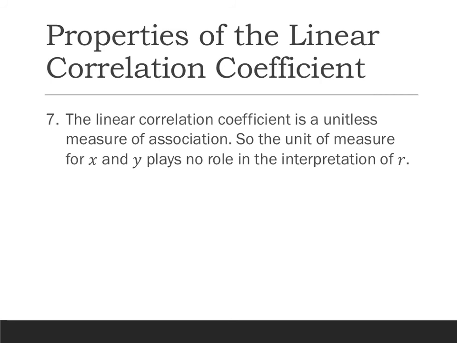If you look at it, it's simply taking the z-score for the X and the z-score for the Y for a particular ordered pair, with the mean of the X's, the mean of the Y's, standard deviation of the X's, standard deviation of the Y's, and then we're multiplying those two z-scores together, and then we're dividing by n minus 1.